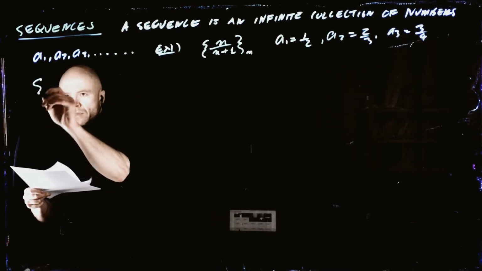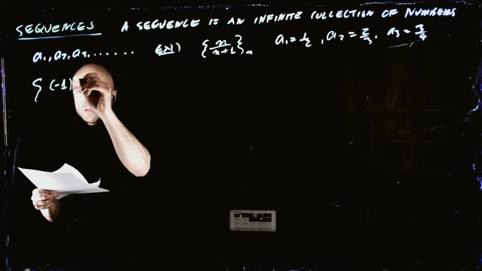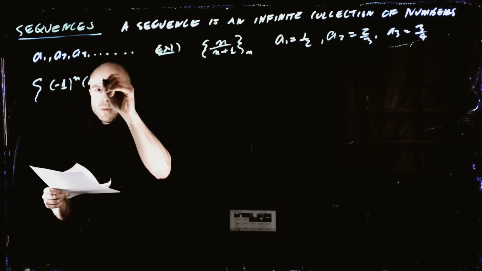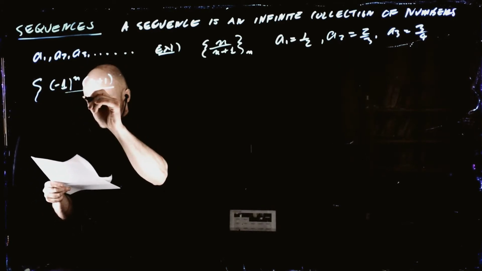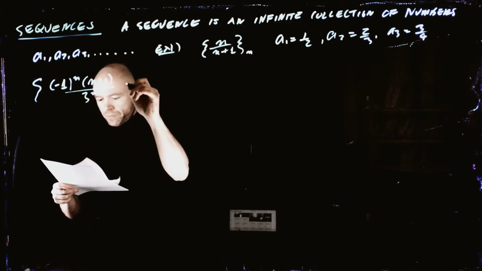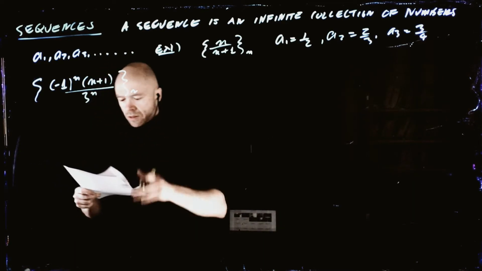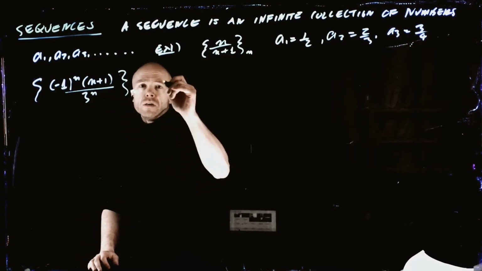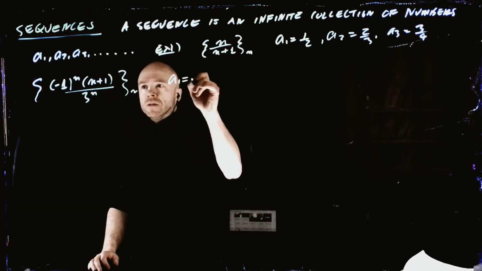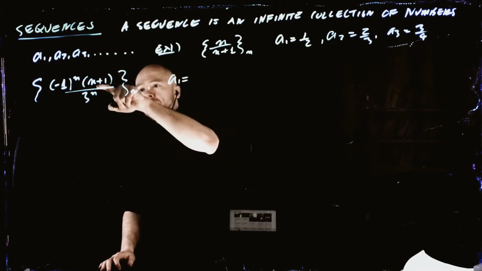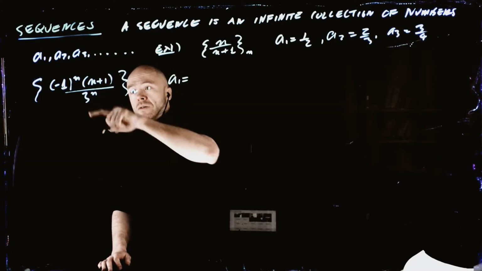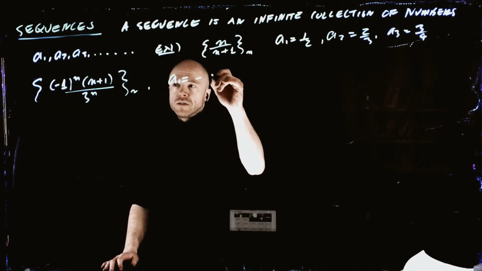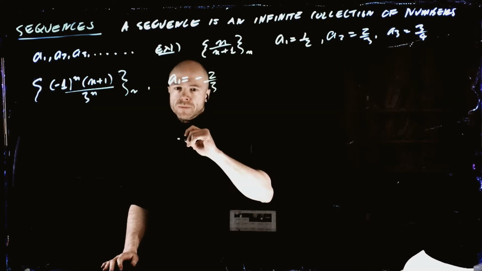What about this? Minus 1 to the n plus 1 over 3 to the n. Like this. So let's see what this sequence is. Let's take n equals 1. So A1, we're going to have minus 1 squared over 3, so we have minus 2 over 3.